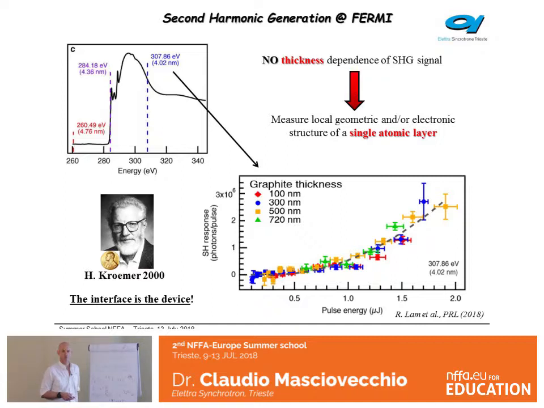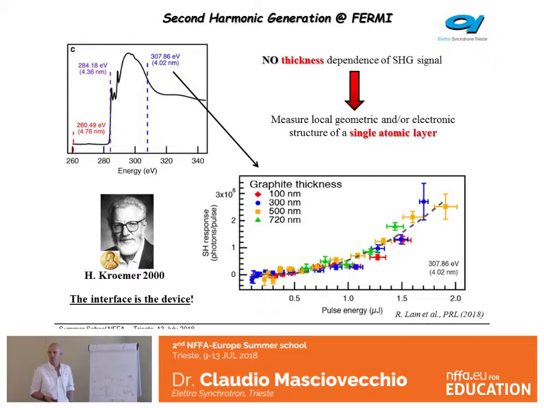So if you do absorption measurements, you know that you can get information about the structural and geometrical configuration of your sample. In this case, you can measure the local geometric and electronic structure by using this kind of technique, by scanning an absorption measurement, an absorption edge, okay? And there is a guy who took a Nobel Prize in 2000 who was always saying the interface is the device.